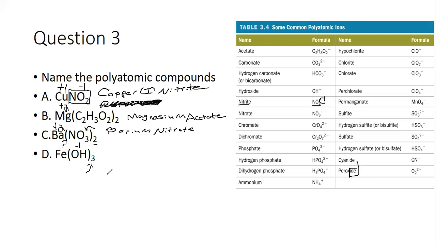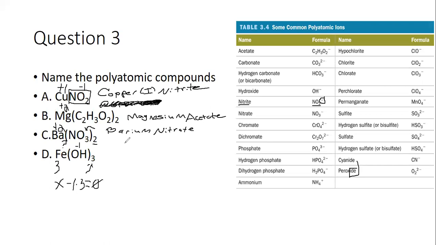So doing my math, if iron is an unknown X, minus 1, which is hydroxide, times how many hydroxides I have, 3, X minus 3 equals 0 because it's a neutral compound. X must be plus 3.